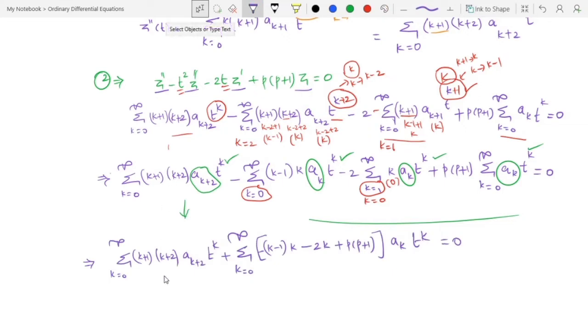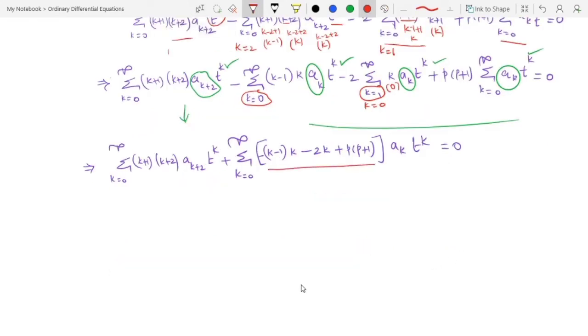Once again, write the first term as it is, group remaining 3 terms, whereas summation ak t power k is common to all. So take it out. The rest of the terms for the second term, k minus 1 into k before minus. Here minus 2 into k plus p into p plus 1. So write here as it is, except the common term ak t power k, that is equal to 0.